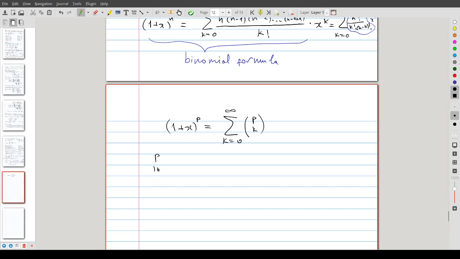We say binomial coefficient p choose k is equal to p times (p minus 1) times (p minus 2) and so on, (p minus k plus 1) divided by k factorial.